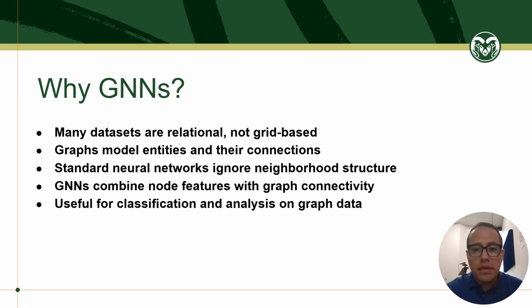In this kind of data, entities are represented as nodes and their interactions or relationships are represented as edges. Unlike standard neural networks, GNNs do not treat each data point independently. Instead, they combine the attributes of each node with information from its neighborhood nodes and the overall graph structure.